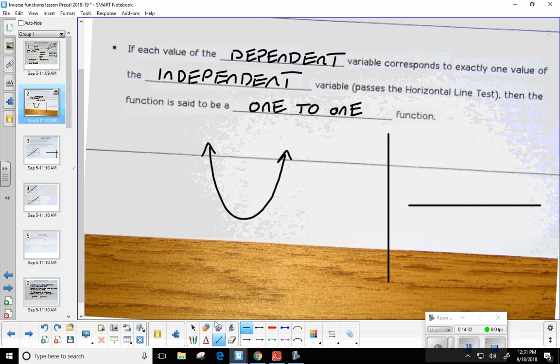I know it sounds kind of sketchy. Sketchy, it's funny, it's a drawing pun. But if I take this vertical line and move it back and forth, is he a function? Yes, he passes, because you're looking to see if your graph hits the line in 2 or more places at once. That tells you if any value of x repeats. So this guy is a function.